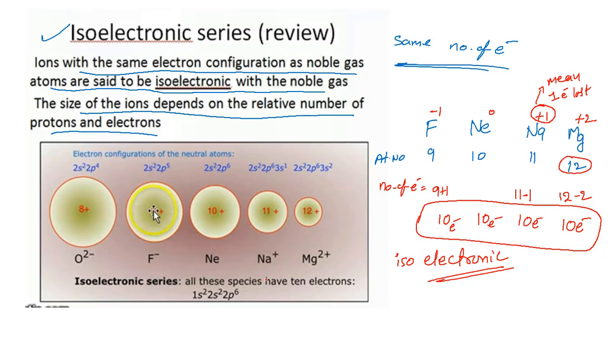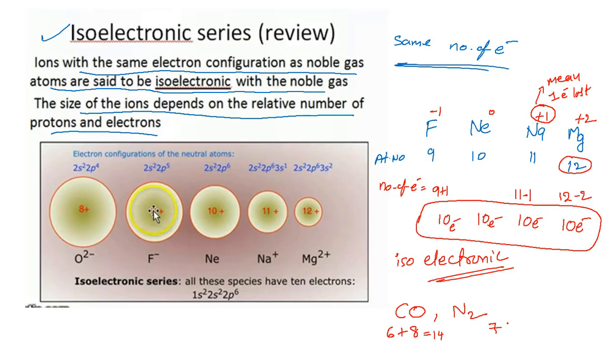Okay. Next, not only this, I can write some other examples here. Isoelectronic, suppose carbon monoxide and nitrogen N2. These both are isoelectronic. How? Carbon 6 electrons, oxygen 8 electrons, total 14 electrons.